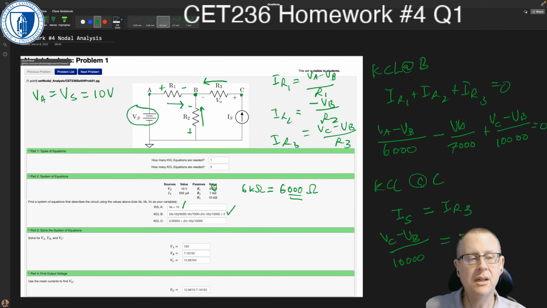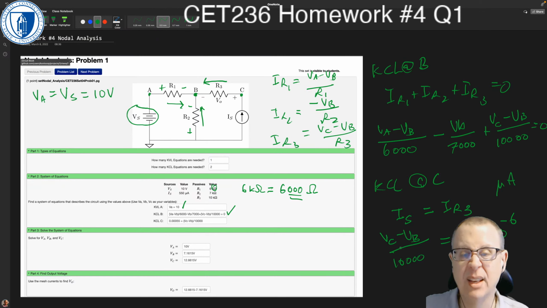This is another one, it's 550 by 10 to the minus 6 because it's microamps, not milliamps. So it's 10 to the minus 6. And I've rewritten this as 0.00055 amps. Okay, so that's how we get that answer there.